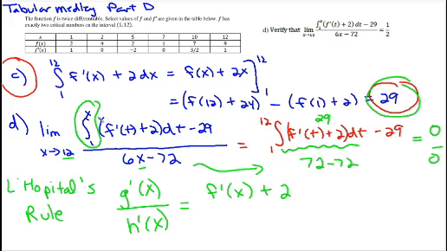Remember that it is just the function evaluated at x. So the function doesn't change because, remember, we're doing the derivative of an integral. We're just evaluating it at that x. So this stays as f prime of x plus 2.